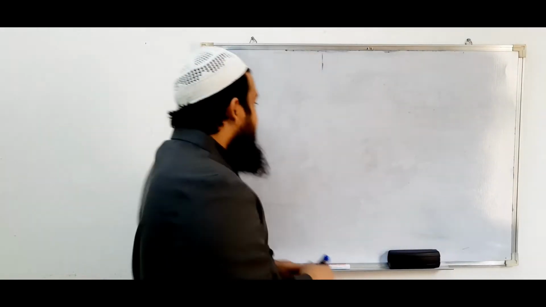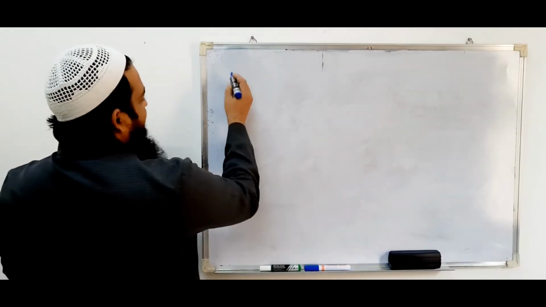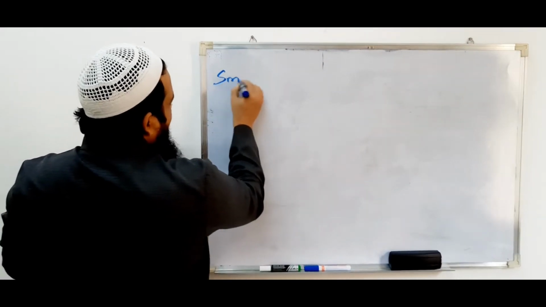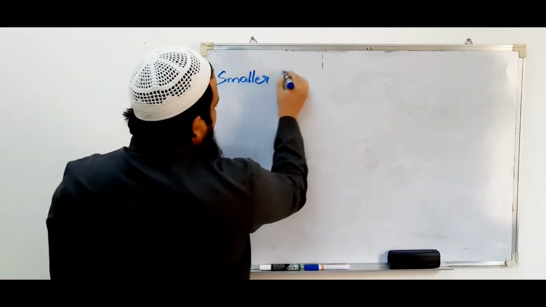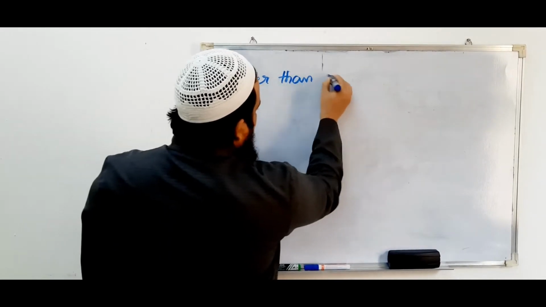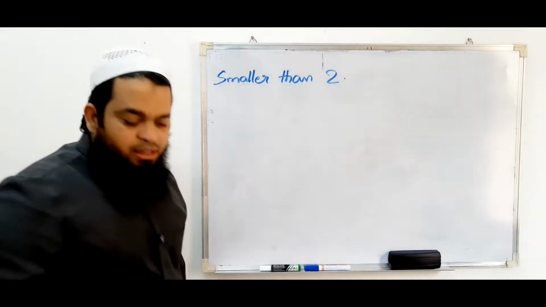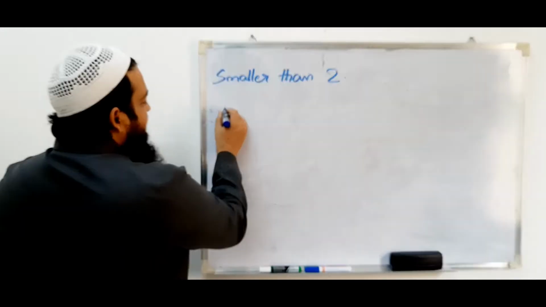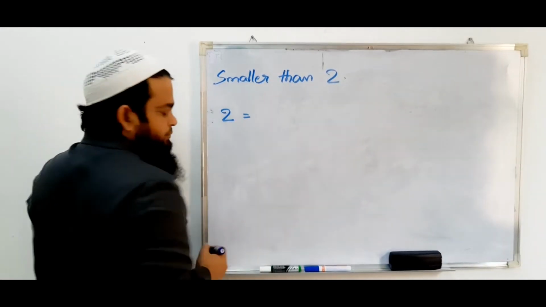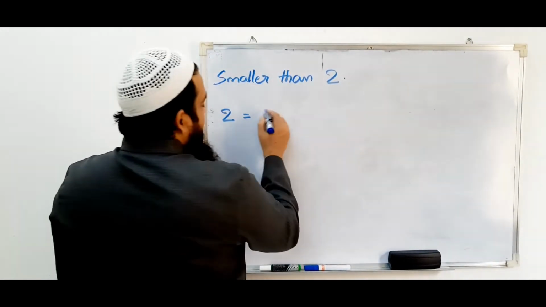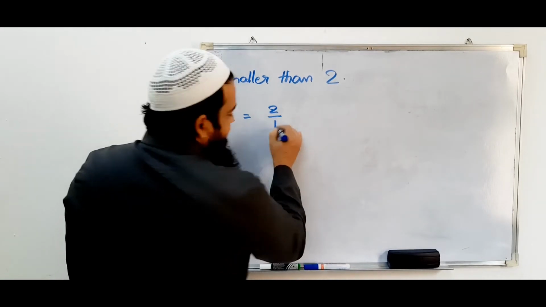So using this concept, now let us see, write 5 rational numbers which are smaller than 2. Okay, fine, it's very easy. Smaller than 2. Is it right? So now, can we write 2 as 2 by 1?